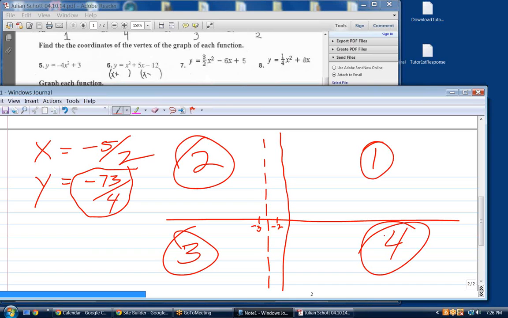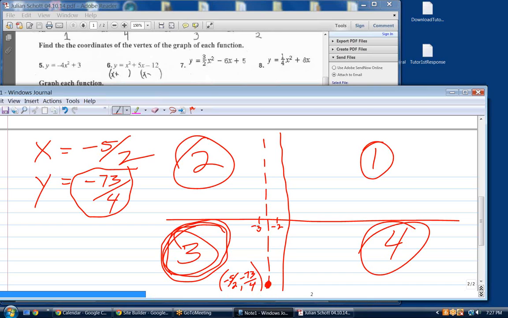Well, in quadrant 4, all the x values are positive. So it's the same with quadrant 1. In quadrants 2 and 3, the x value is negative. In quadrant 3, both are negative. So my y-coordinate is somewhere down there. The coordinate of that vertex is minus 5/2, comma, minus 73/4. That's the label that goes on that point right there.